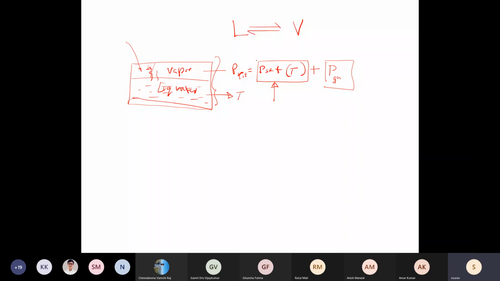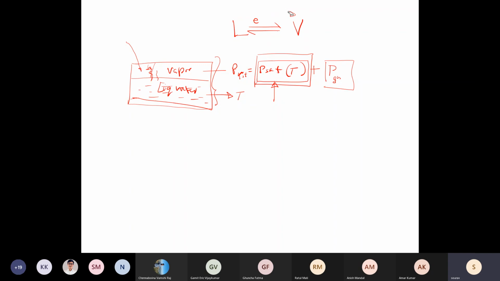So at this condition, where the partial pressure is equal to Psat, you will have both evaporation and condensation being balanced out. If you reduce the partial pressure, your liquid will turn into vapor, so your forward reaction will be faster. And if you increase your partial pressure, the backward reaction will dominate.